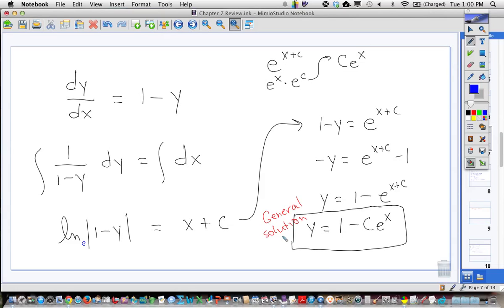Should have kicked out a -1. I know. It was a bad morning. I should have kicked that out, because think about it. Check your antiderivative. Do the derivative. So the derivative of this would be 1 over 1 minus y times the derivative inside. Derivative inside is -1. So I should have kicked out a -1 right here. Which means when I did the negative over here, I should have had negative on both sides here.